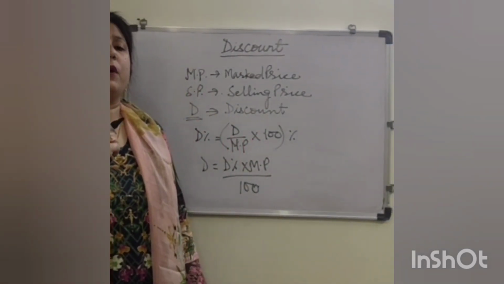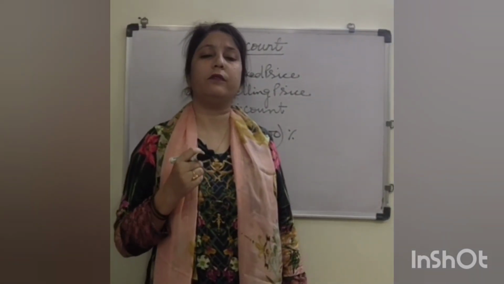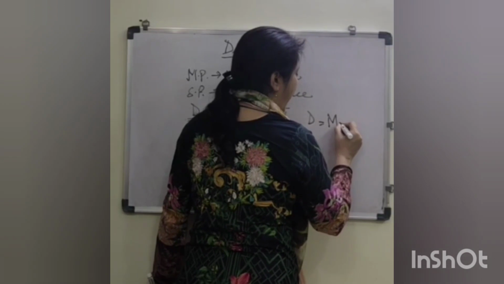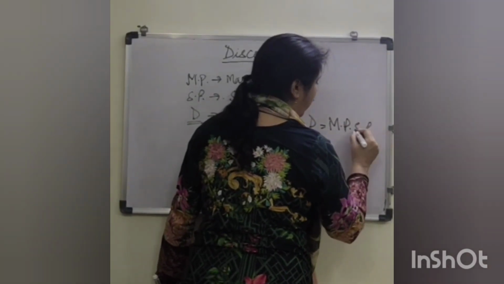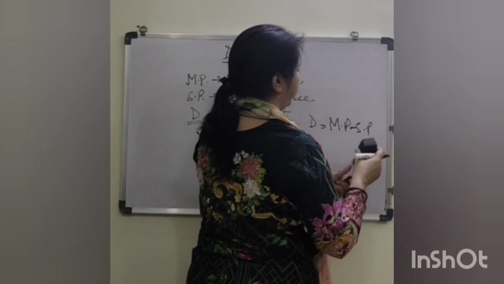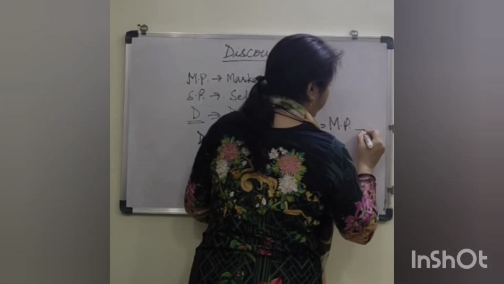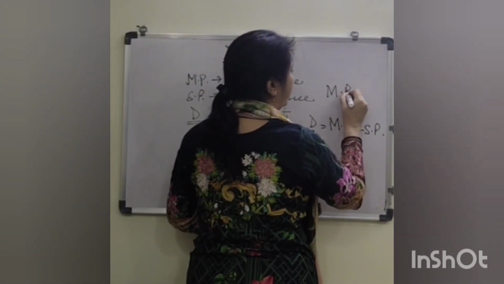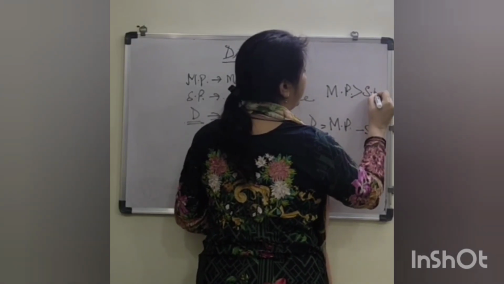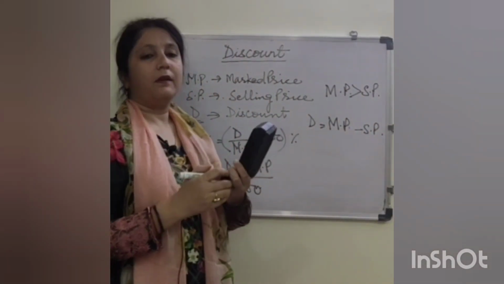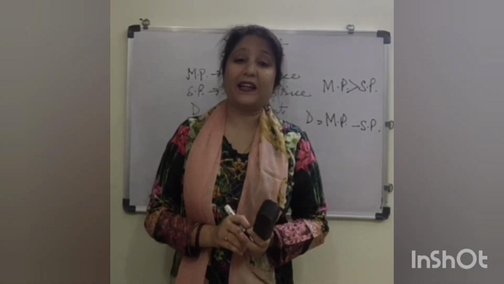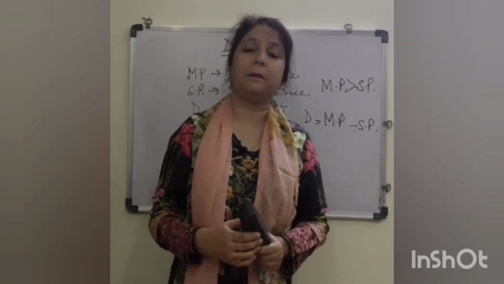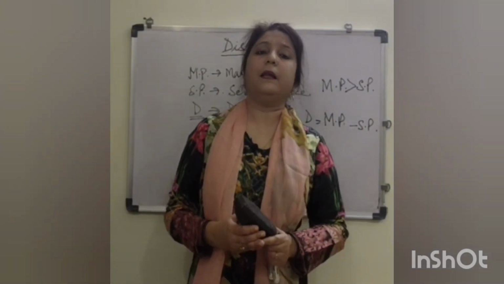And one last formula that you need to learn in case of discount, that is discount is equals to MP minus SP. Children, in case of discount, marked price is always greater than selling price. You feel so. It is not actually, but still as far as questions are concerned, it is same that marked price is greater than selling price.